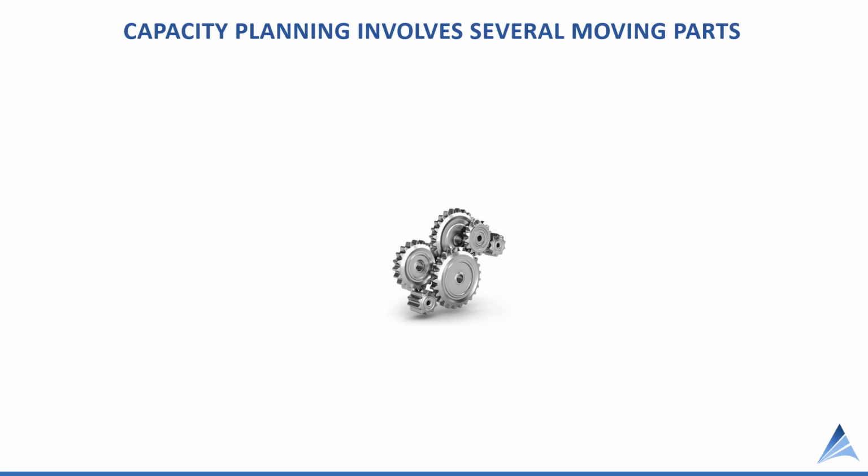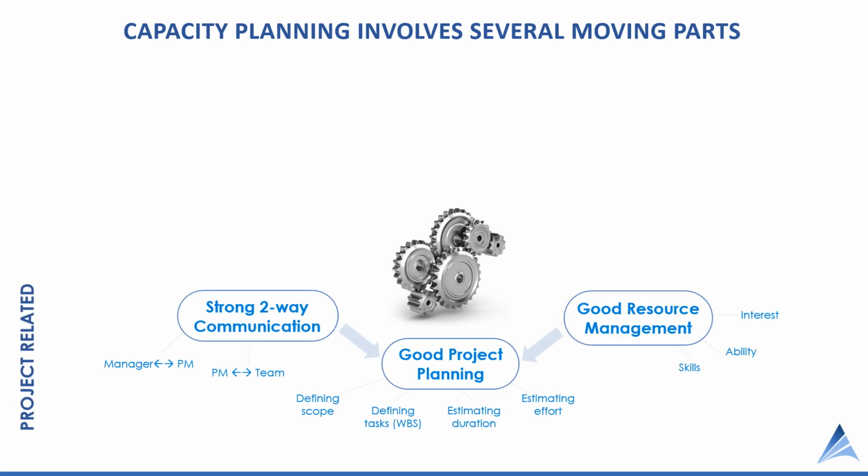To highlight the complexity of resource capacity planning, there's a lot of moving parts. Starting with the project level, it really begins with good project planning. And this is where there's a significant overlap between project and portfolio management. At the project level, it's very important that teams are equipped and able to do a good job of defining scope, defining their tasks and creating a work breakdown structure.